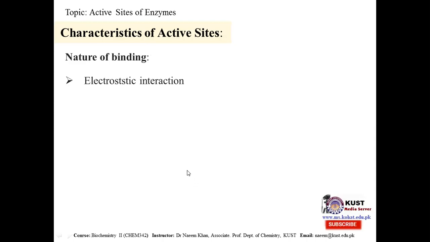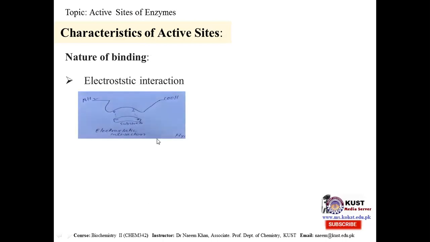Nature of bonding. Bonding of the active site with the substrate may be electrostatic interaction, because there are positive and negative charged groups. Amino acids have charged groups: negative groups such as acid groups, or positive groups such as NH3 positive. So if an oppositely charged substrate comes close, there may be interaction of the opposite charged ends, and electrostatic interaction will develop.